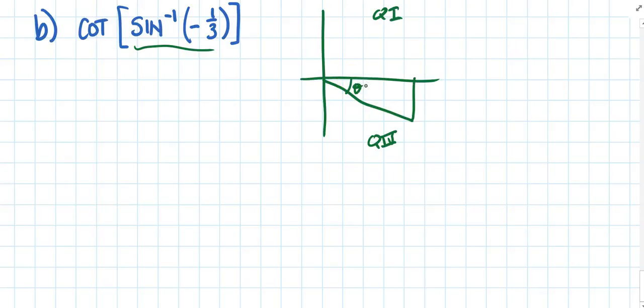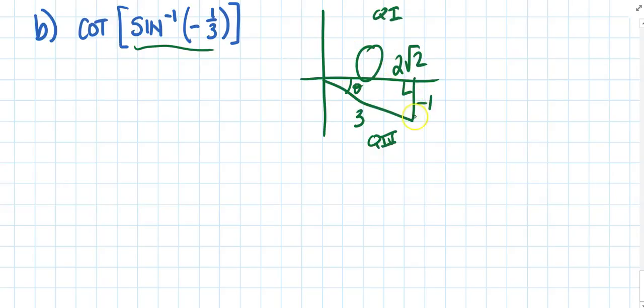And I know that this triangle has an opposite side that's worth -1 and a hypotenuse that's worth 3. So therefore, I'm left to figure out what this is. And when I do the math, it ends up being 2 radical 2. That's just regular old Pythagorean theorem stuff. And I want the cotangent of this angle. So the cotangent is 1 over the tangent.